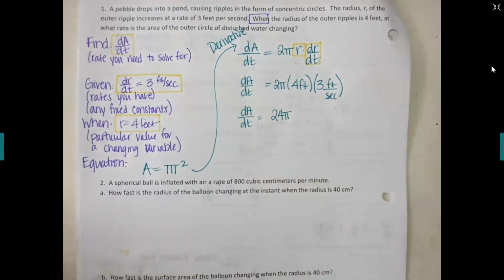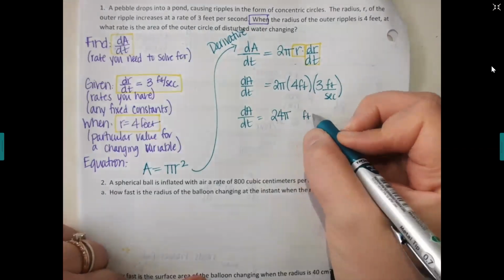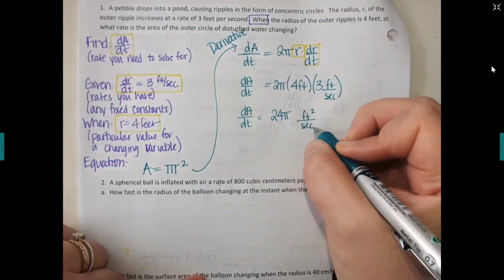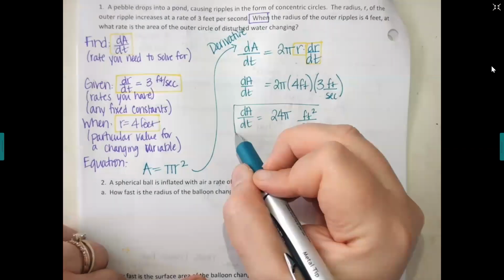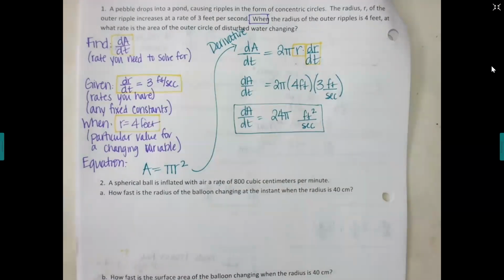Now let's talk about my units. I have feet times feet per second. What will my overall units be? Square feet per second. Correct. Now, I want you to think about, does it make sense that I would be measuring area in square feet? Yes. What would volume have been measured in? Cubic feet.